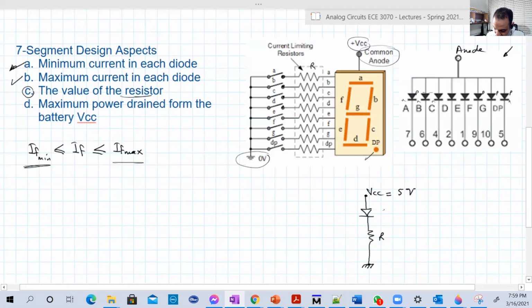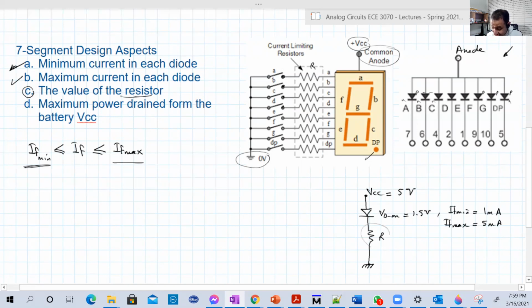This LED has VD on, for example, 1.5 volts. Usually the forward built-in voltage of these LEDs is high, not 0.7 like silicon; it may be 2 volts, 3 volts even. And let's say IF minimum is 1 milliampere and IF maximum is 5 milliamperes.